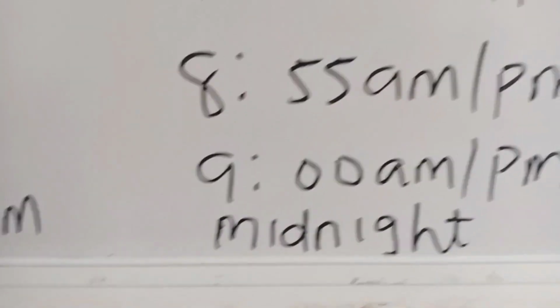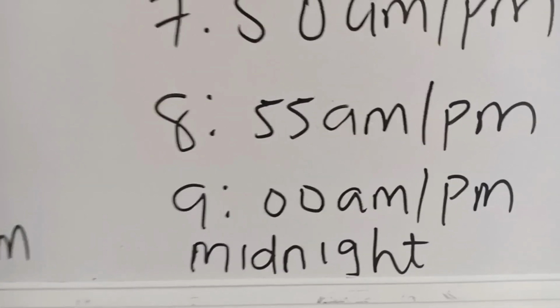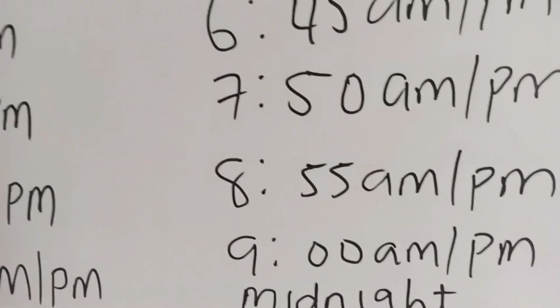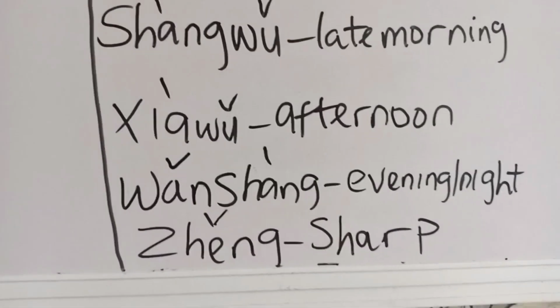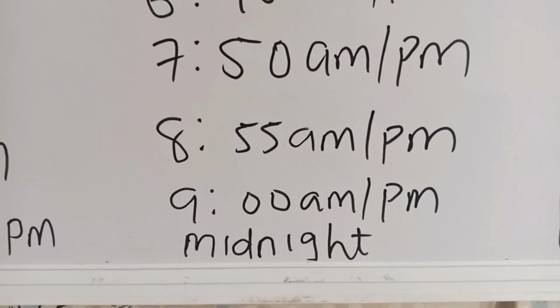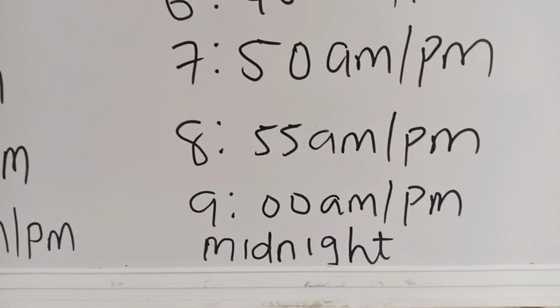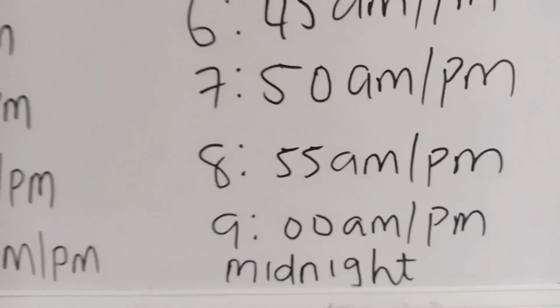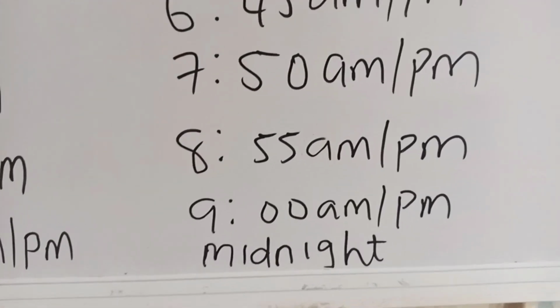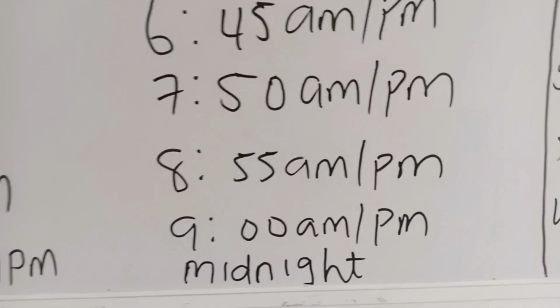Then this is 9 o'clock. And how you say 9 o'clock is 9:00. If you want to say 9 o'clock sharp, do you remember this? Zhōng, sharp. So you say 9点钟, that is 9 o'clock sharp. If you want to say it is AM, you know that it is no longer early morning. It is now late morning. You say 上午9点钟, that is 9 o'clock sharp in the morning.